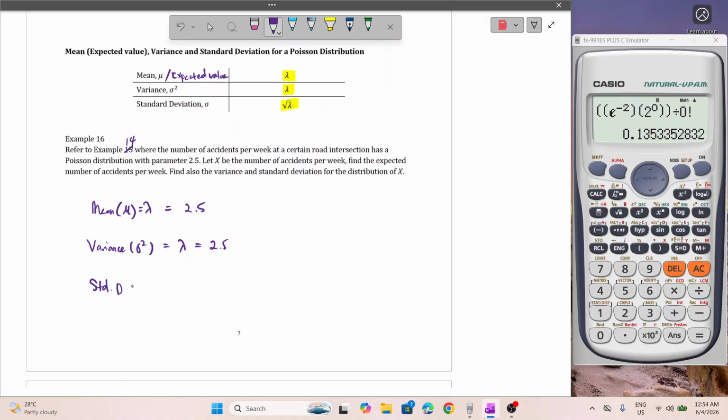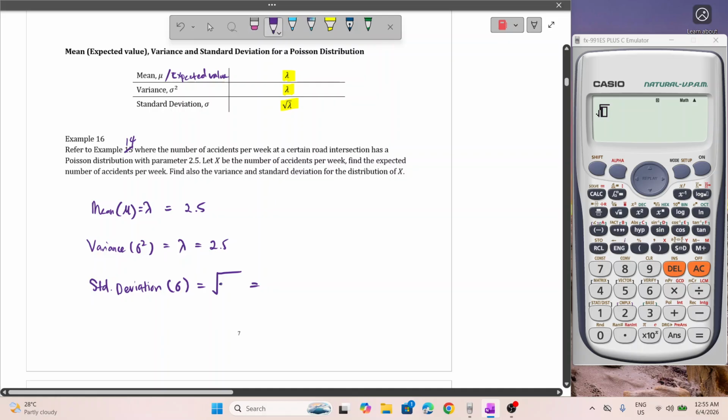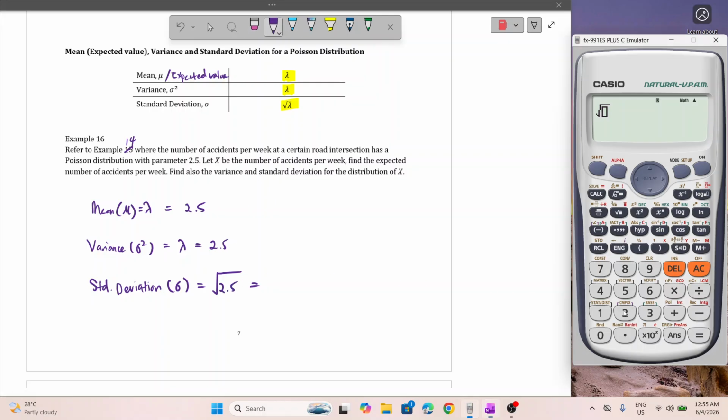And the standard deviation is sigma, which is equal to the square root of lambda. So to find this, you need to click here: square root of lambda, which is the square root of 2.5.